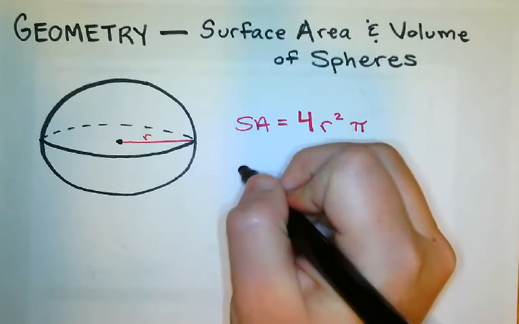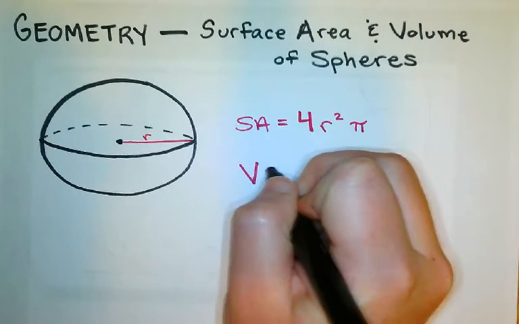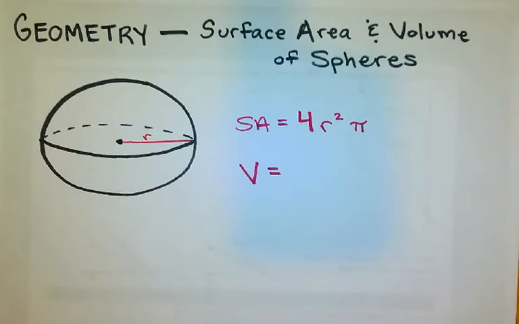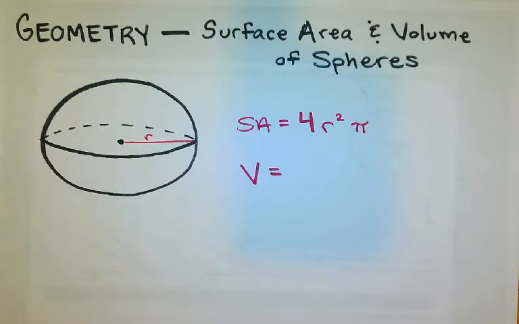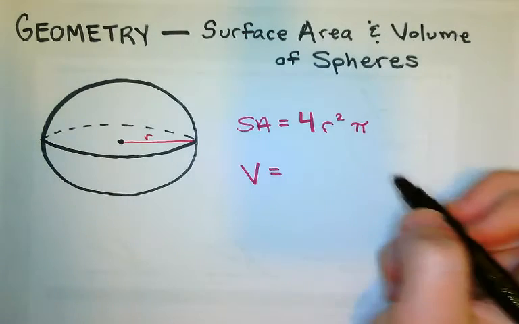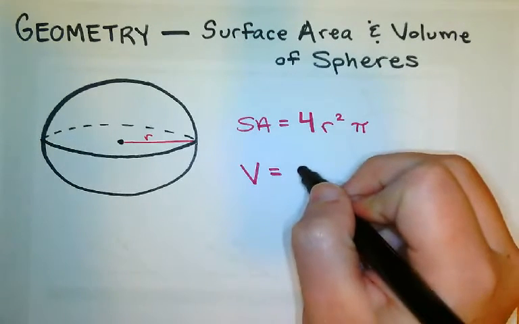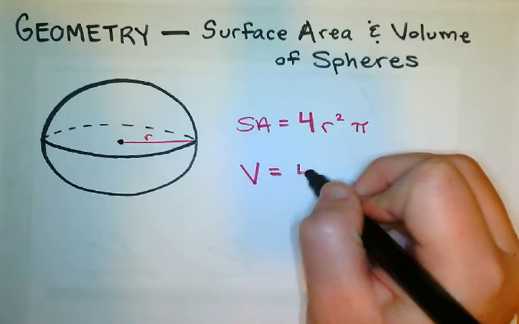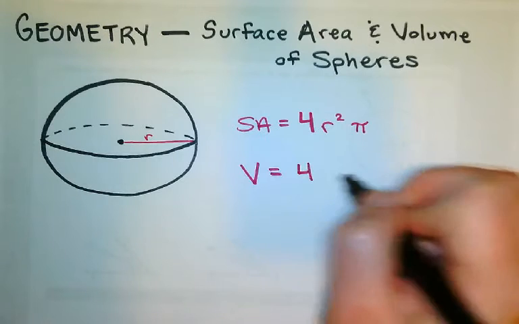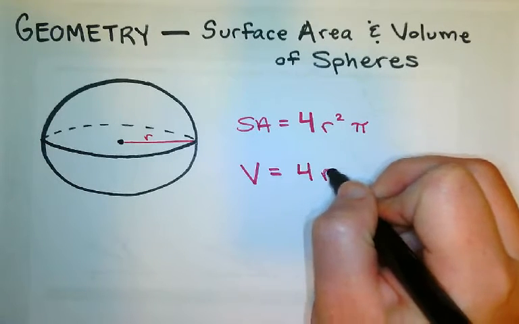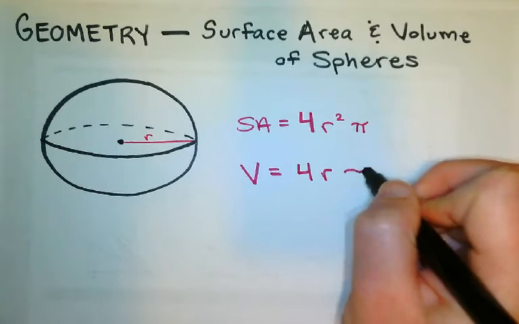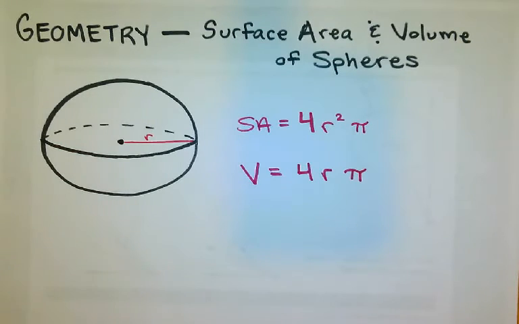To find the volume of a sphere, it's going to be similar to your surface area formula, where you have 4, you have your radius, and you have your pi. Now remember, on all of our other formulas for volume, our volume ends up being units cubed, right?